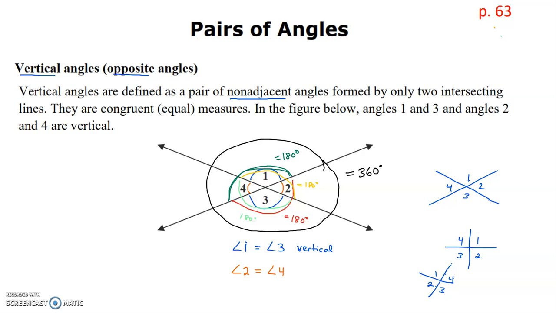So through these intersecting lines, we can solve for missing angles with the knowledge that we have. That vertical angles, like angle 1 and 3, they're opposite, therefore they're the exact same. And 2 and 4 are vertical angles, so they're the same. And then other angles that are adjacent or touching each other form 180 degrees. So this forms the basis for us to be able to solve without a protractor.